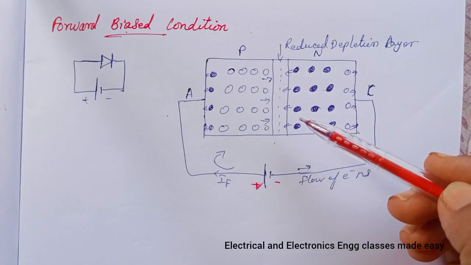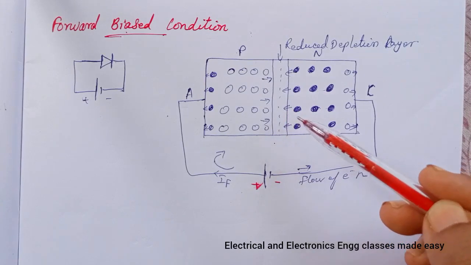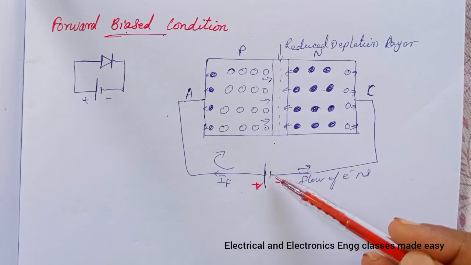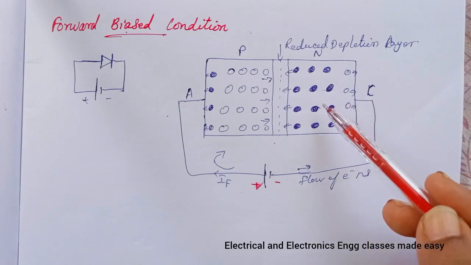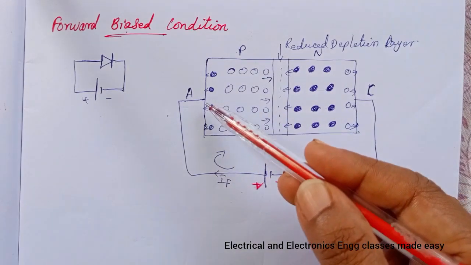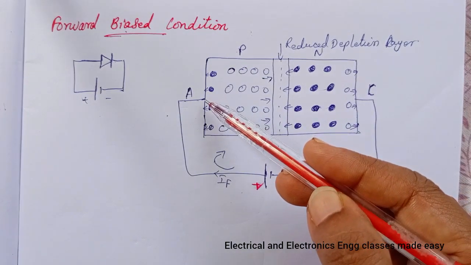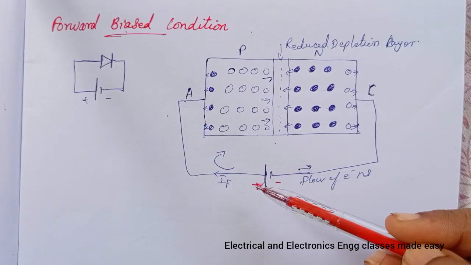It is important to note that for each recombination, a free electron enters the N region from the battery and a valence electron leaves the P region to flow into the battery.